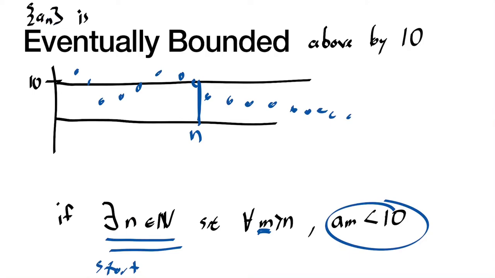So what I'm going to do is make a slight change, switching this in for a different number. And the letter I'm going to choose is one that's fairly traditional in the world of mathematics. I'm going to use a capital N. And so we'll say if capital N is a natural number such that whenever m is greater than capital N, a_m is less than 10.